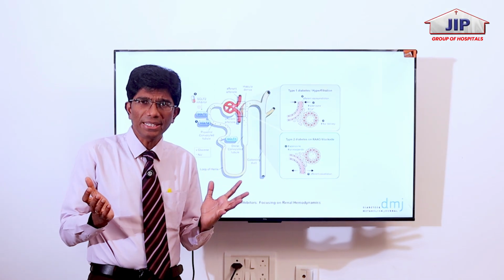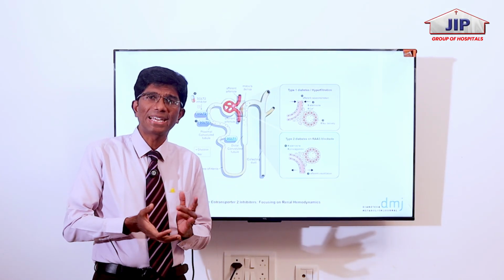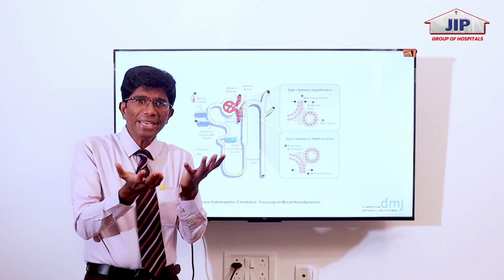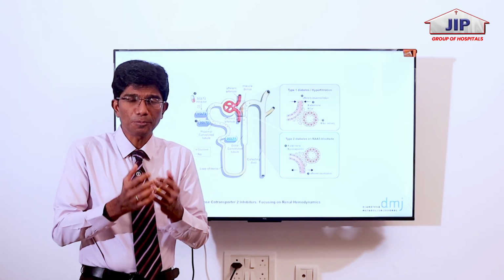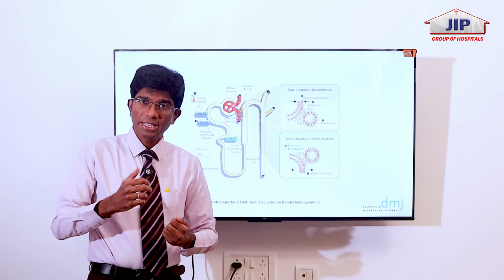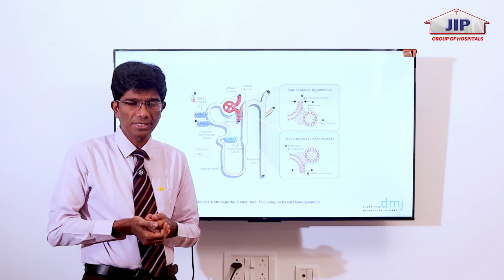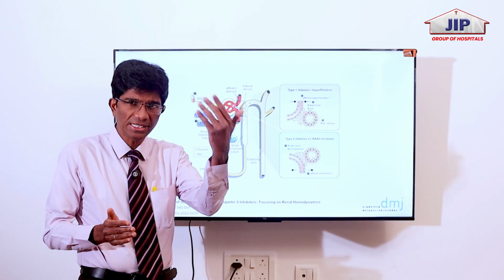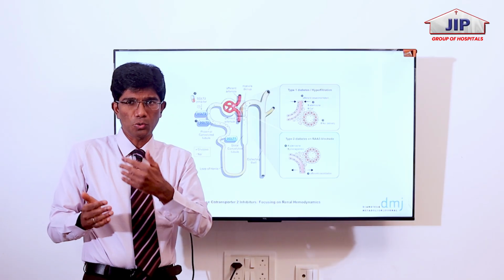You are all aware that ketone bodies are also one of the energy substances like glucose. Now, the failing heart has multiple options. It can use ketone bodies as an energy substance, or it can use glucose as an energy substance. So what is the difference between using ketone bodies and glucose?